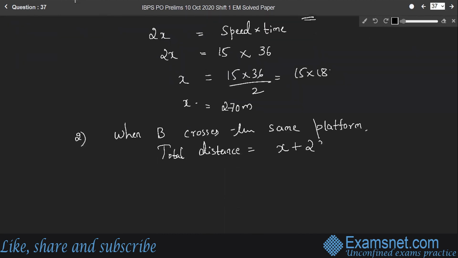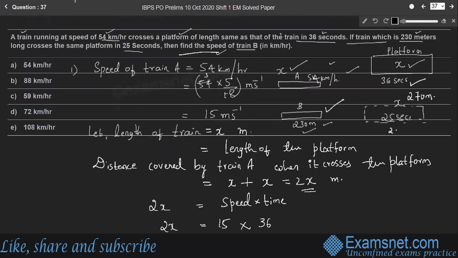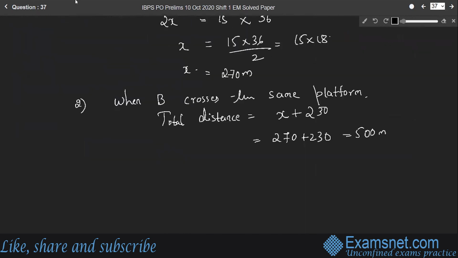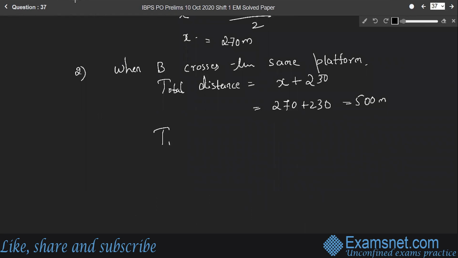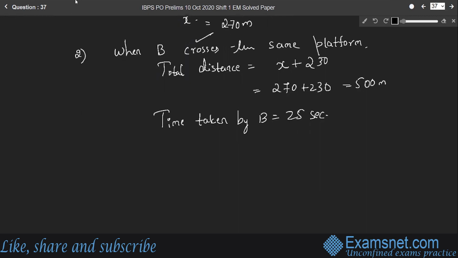X plus 230 is 270 plus 230, which is 500 meters. And the time taken by B to cross the same platform is 25 seconds.